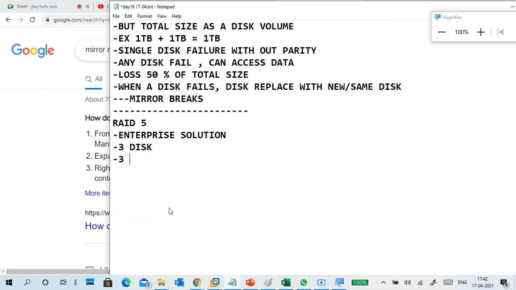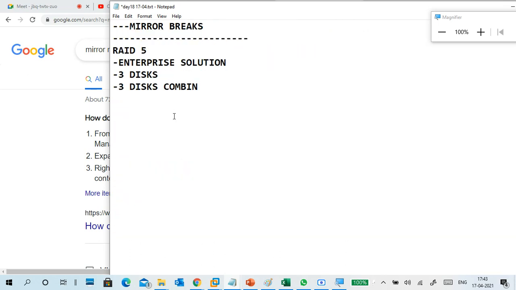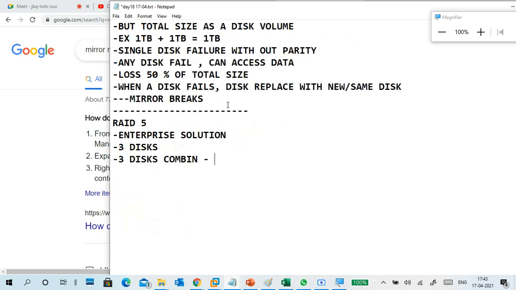Next, the 3 disks combined give 2 by 3. 3 disks combined we are using as a single volume.